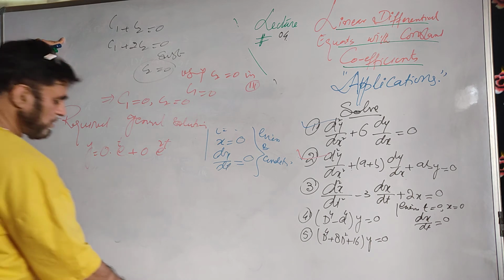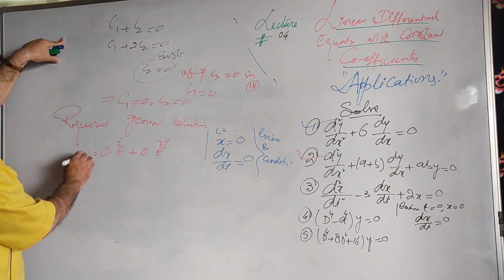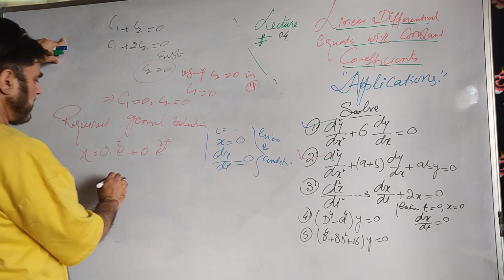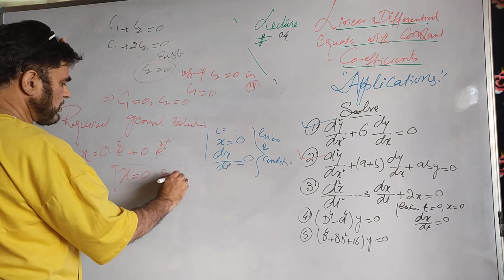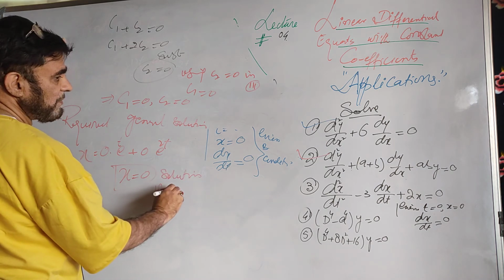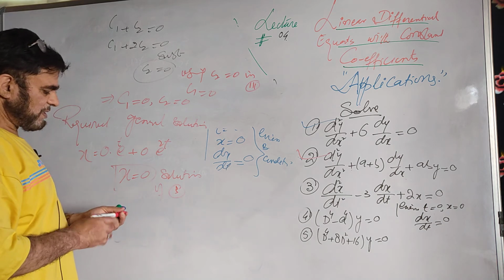Okay, it is not y, I am writing again. Be cautious about this. It is x is equal to this, so it is x is equal to 0. This is the solution. It is the particular solution of equation number third.